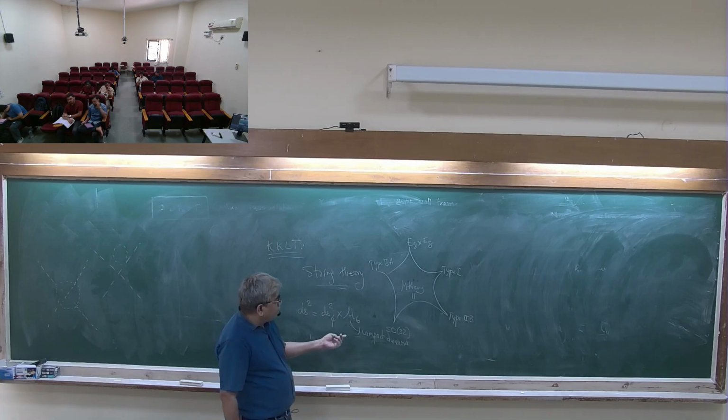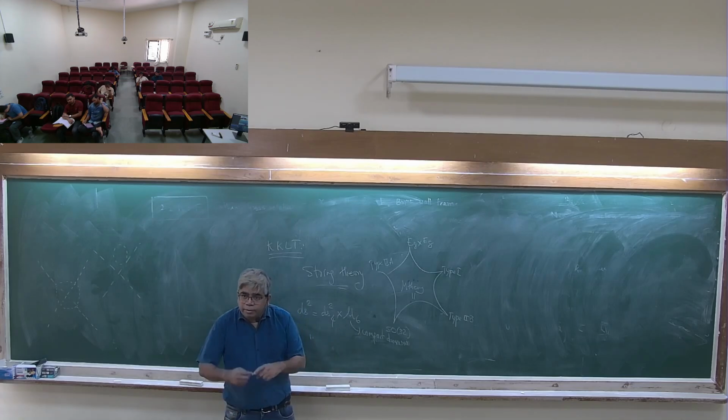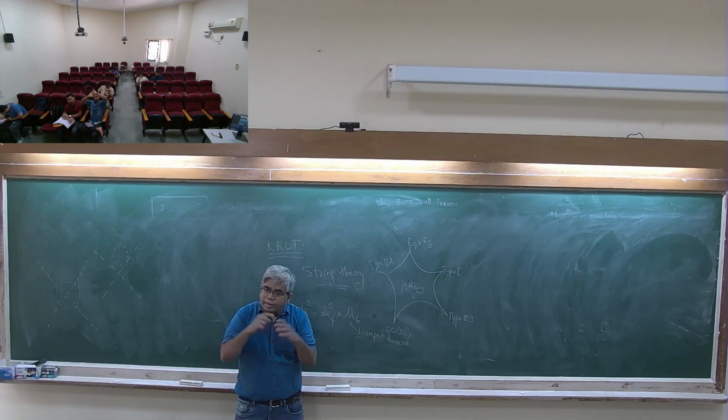When you make this compact dimension, like I told you in extra dimensions, there is a compact dimension. This radius will not be stable because the branes will start moving, because under gravity the radius will not be stable. So you have to do stabilization of this radius.